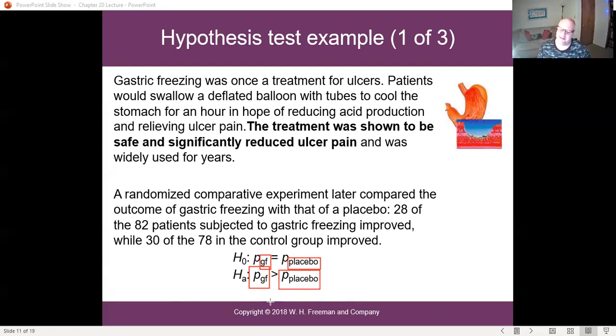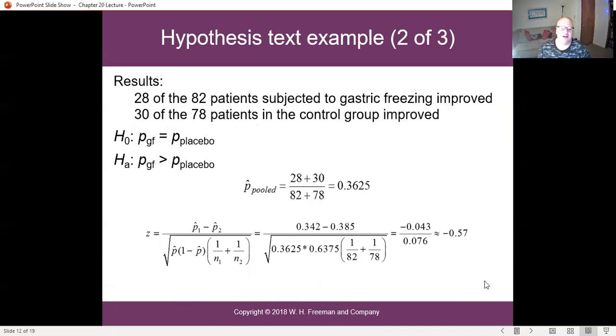So we go and test it. We gather data, and we find out these numbers, 28 out of 82 and 30 out of 78. So we can find our proportions. Not hard to do. If I do 28 out of 82, excuse me, if I do that, it's going to give me this figure right here.